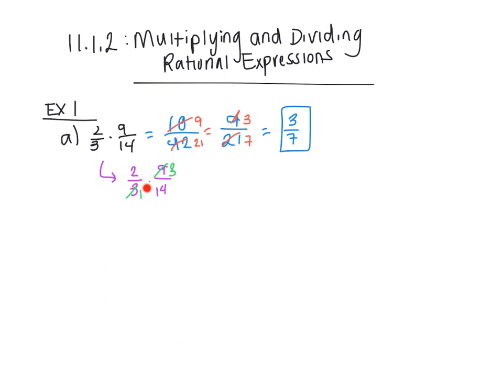But we see this 2 and 14, and we know those will also have a common factor of 2. So when I factor the 2 out of the 2, I just get 1. And when I do 14 divided by 2, I get 7. So now what we have is 1 times 3 and 1 times 7. So we did all those cancellations, which we did up here, before we multiply, and it actually just simplifies to our answer of 3/7.